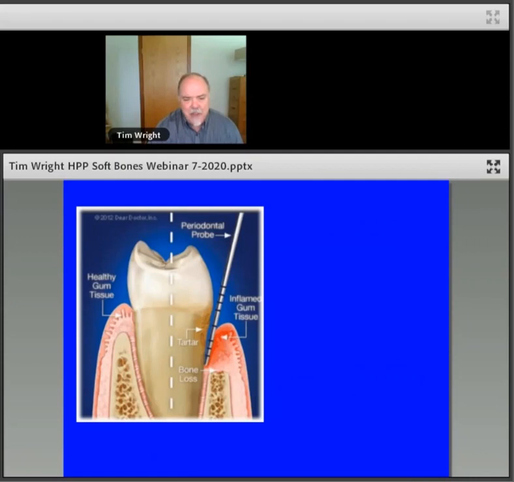So this is what happens when the biofilm sits on the teeth, or this tartar calculus is an irritant. The gums actually recede down and they're inflamed. The body is responding to this insult, and so it has inflammatory mediators in here that are trying to correct and fight this infection. And that's what periodontal disease is. Normally there's an attachment.